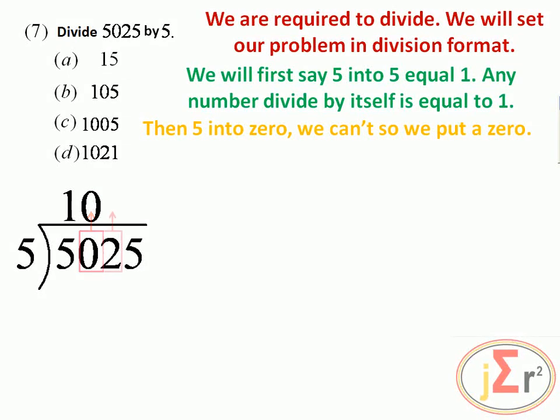What do we say next? 5 into 2. Why do we just say 5 into 2? It is for us to understand that we are not forgetting the 0. But if we say 5 into 0, 2, the 0 that is leading here does not have any significance, or it does not contribute to the value of the number.